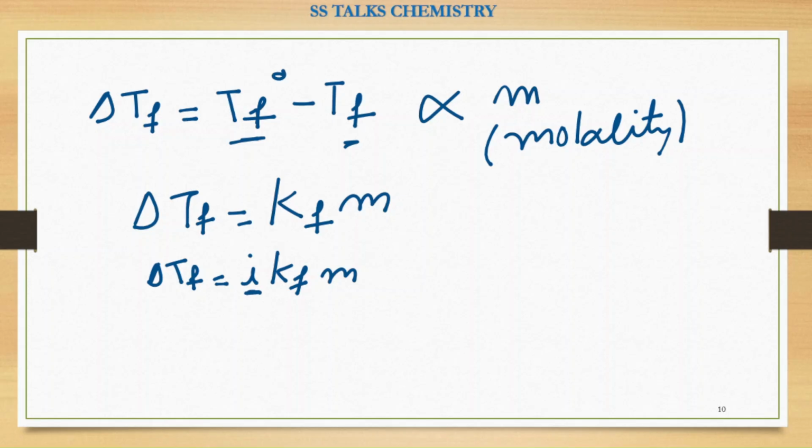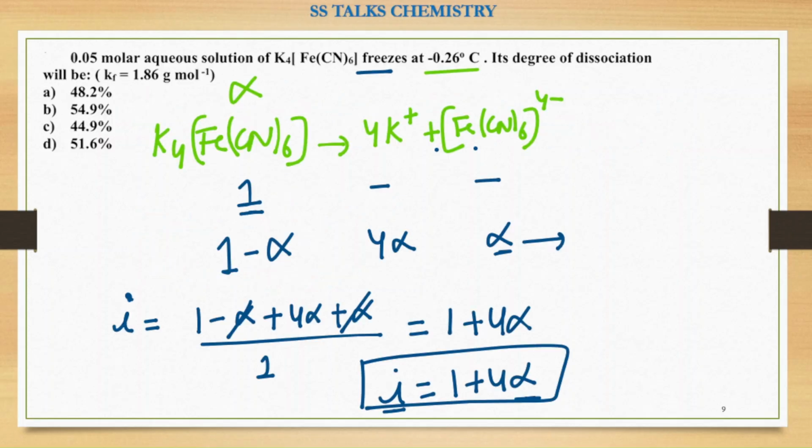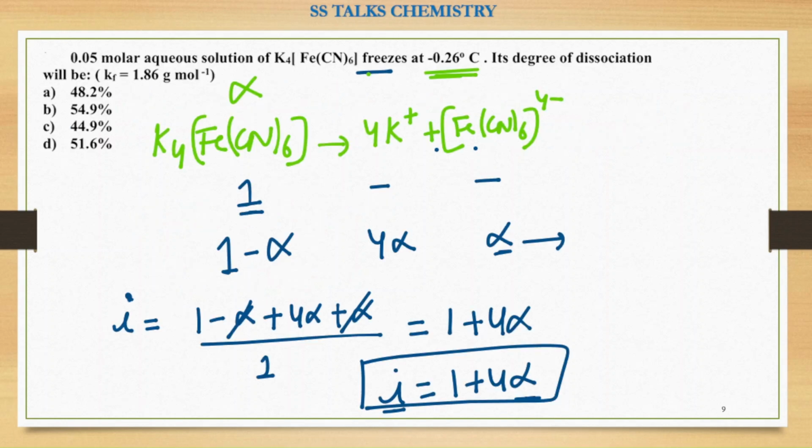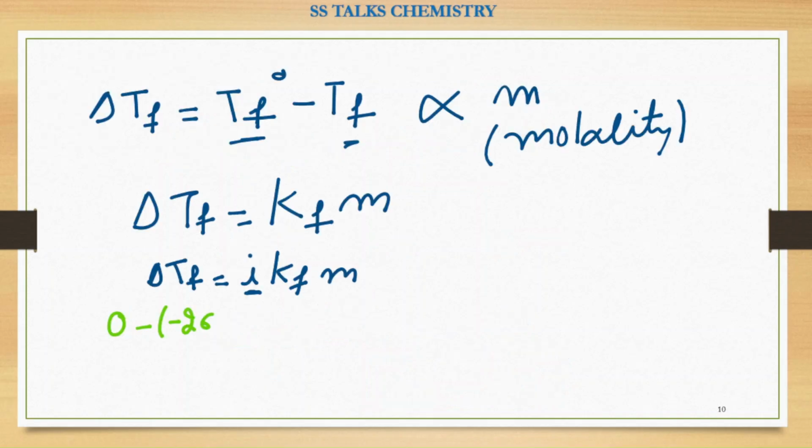So delta TF, they are saying that it is freezing at this much temperature. Initially you can take it as 0, and the final temperature is minus 0.26 degrees centigrade.